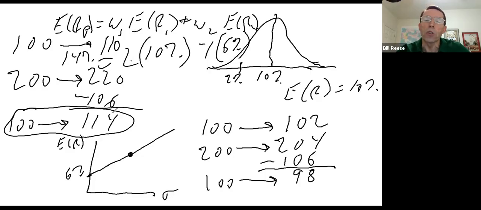But again, I want you to notice that whenever we have a weighting greater than 1 or greater than 100%, the only way we can do that is if we are borrowing or shorting, and again, those terms are synonymous for us right now, somewhere else. And that means we have to have a negative weight somewhere else.